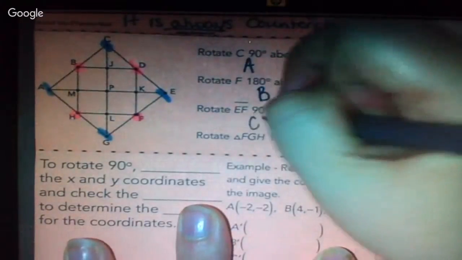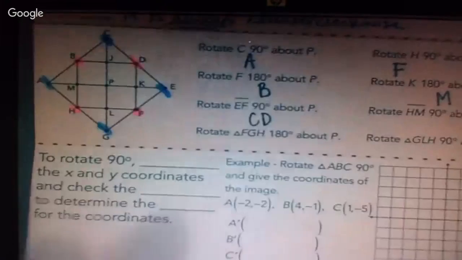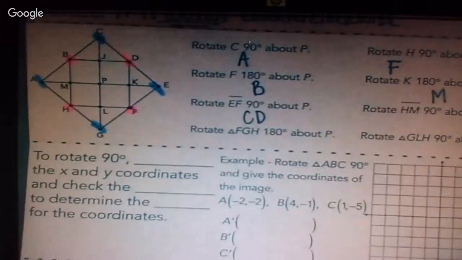Good. You have to watch. EF goes from the blue point to the pink point. So when you name the second one, it's got to go from the blue point to the pink point. You cannot reverse the order of it. Order is going to be very important, my friend.